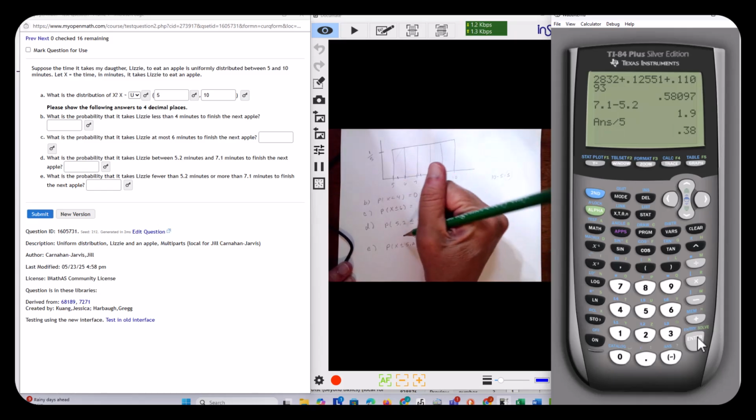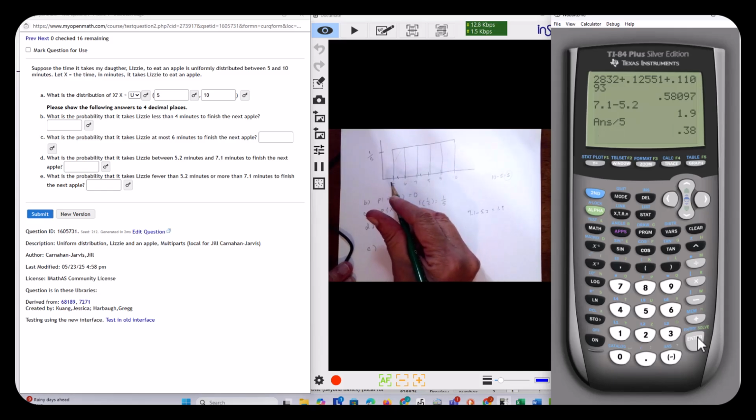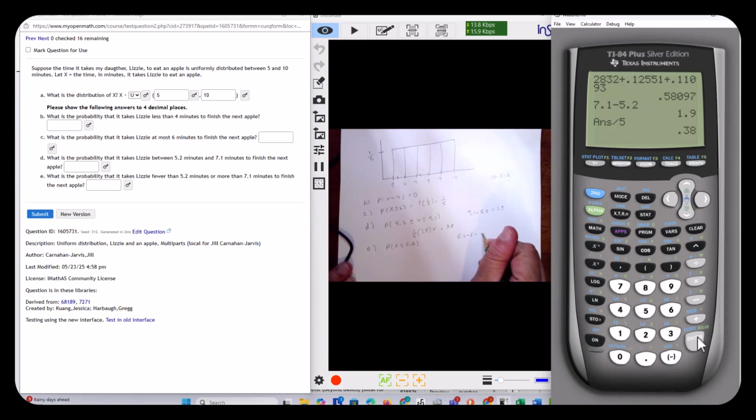We're fewer than 5.2, so your endpoint is 5. 5.2 minus 5 is simply equal to 0.2. So your answer is going to be 1/5 times 0.2, which is 0.2 divided by 5, which is equal to 0.04.